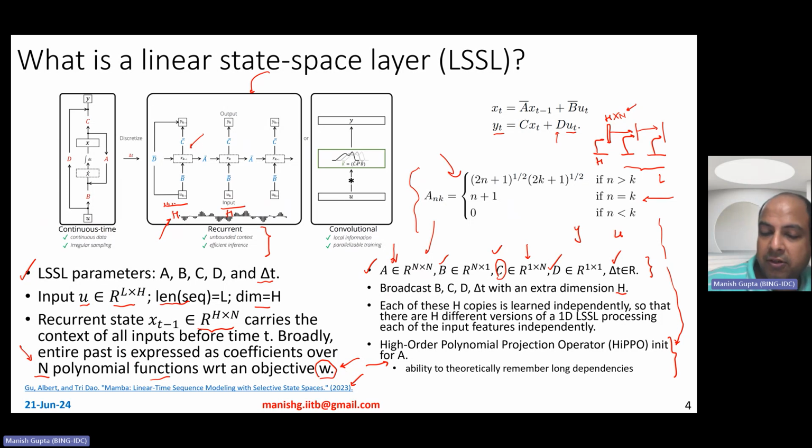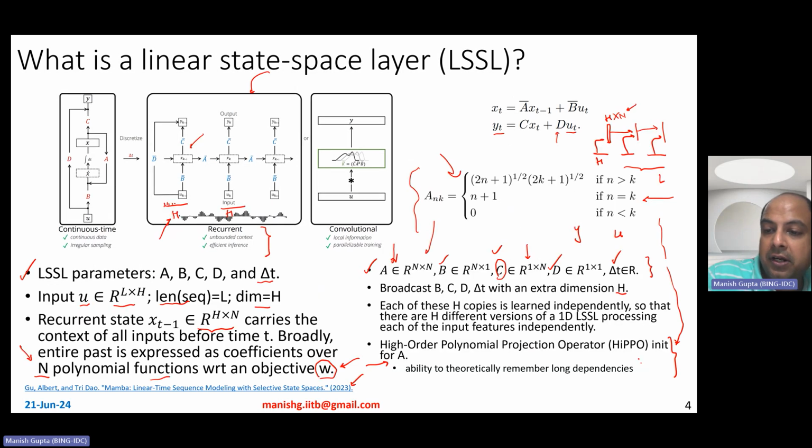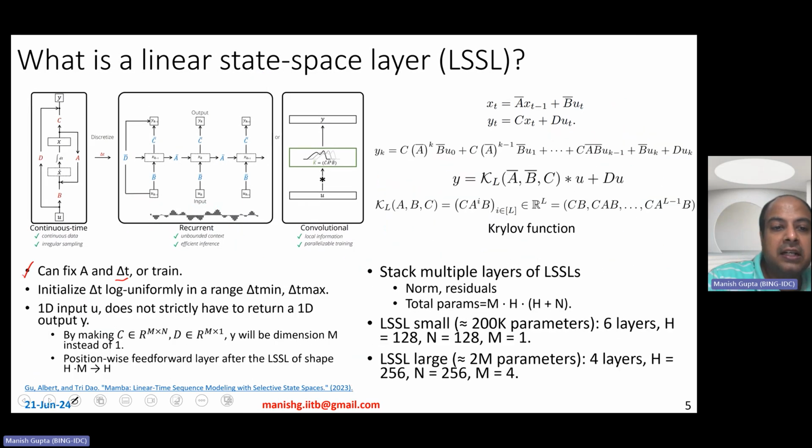Therefore, what people typically do is initialize A and delta T. A is initialized using this Hippo kind of approach, and delta T is initialized log uniformly on a range min to max. So you fix a range min to max, and then you ensure that if you take the log of these delta T values, they are uniformly spread out between min and max.